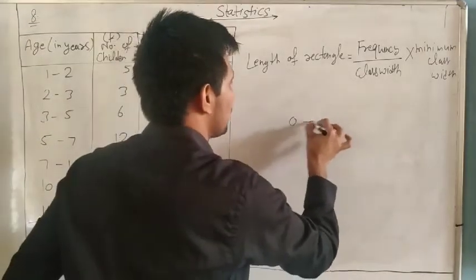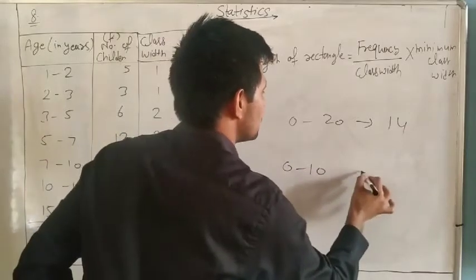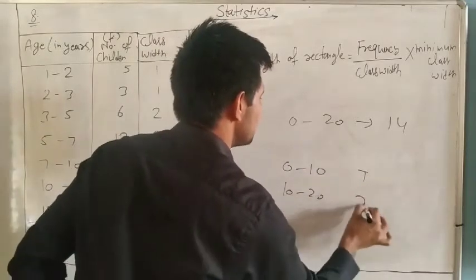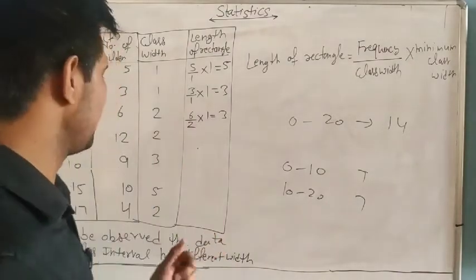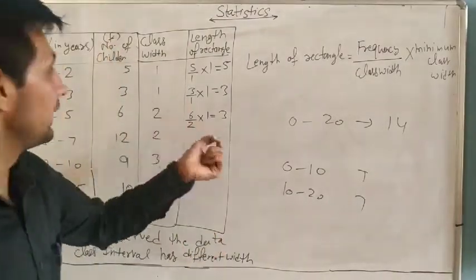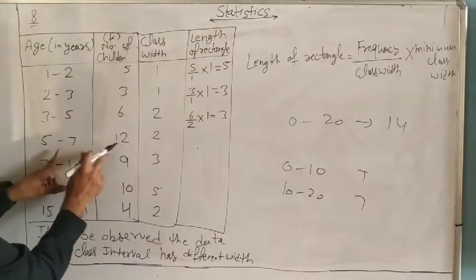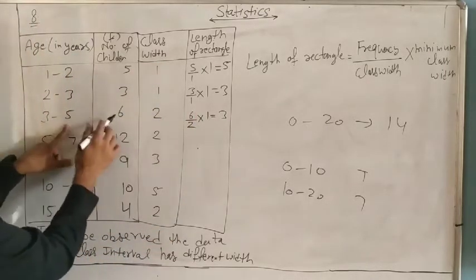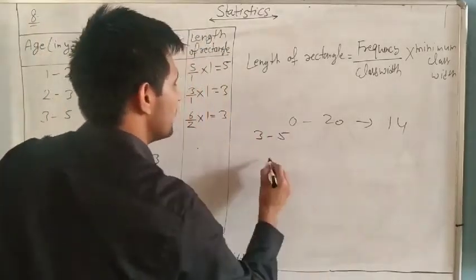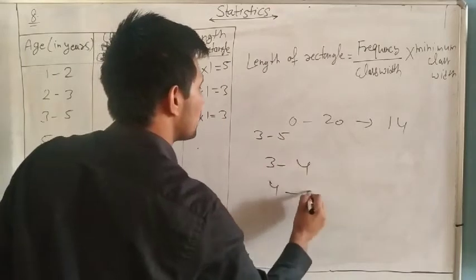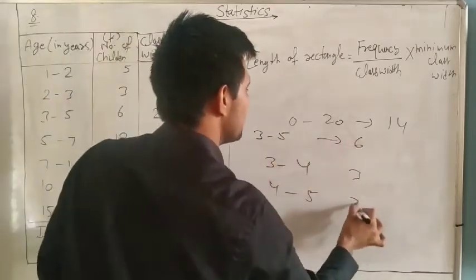What I told you, 0 to 20 is 14. So 0 to 10 is 7, and 10 to 20 is 7. Same as it is. We want to proportionate it compared to the class width, which is 1. 3 to 5 is 6, and if you broke 3 to 4 and 4 to 5, 3 to 5 is given 6, so it means 3.